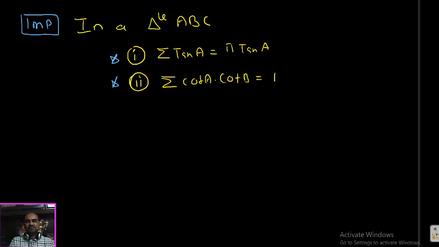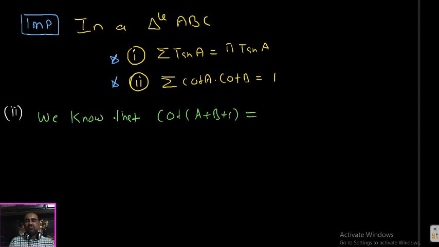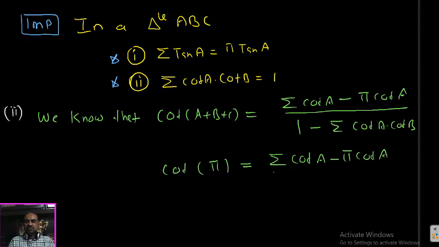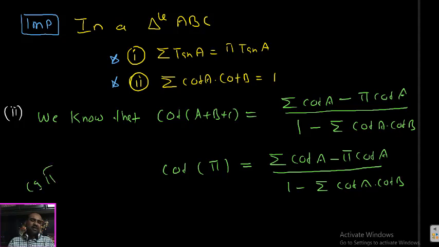For the second result, we know that cot of A plus B plus C equal to sigma cot A minus pi cot A by 1 minus sigma cot A into cot B. So instead of A plus B plus C, I can write 180 degrees or pi radians: sigma cot A minus pi cot A by 1 minus sigma cot A into cot B. Actually, cot pi is not defined, that is cos pi by sin pi.